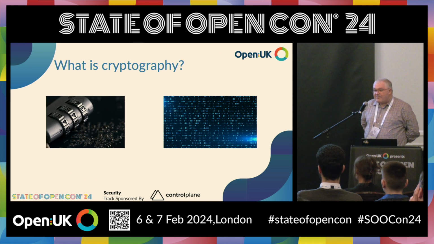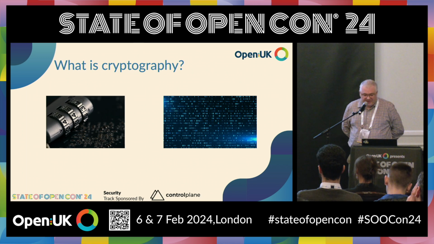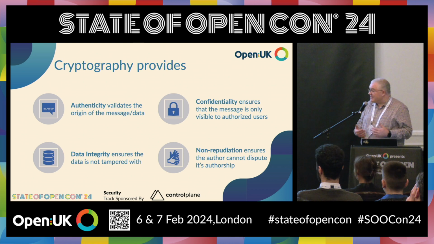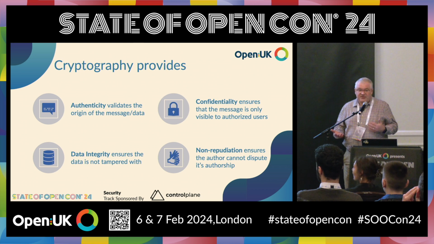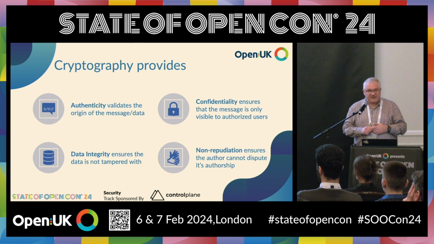So the first thing to think about is, what is cryptography? At its essence, all it is about is trying to keep things secret. So we want to be able to exchange messages with people without other people knowing about them. But if we look into it, there's a little bit more detail behind that. There are some characteristics of cryptography that these solutions offer us.